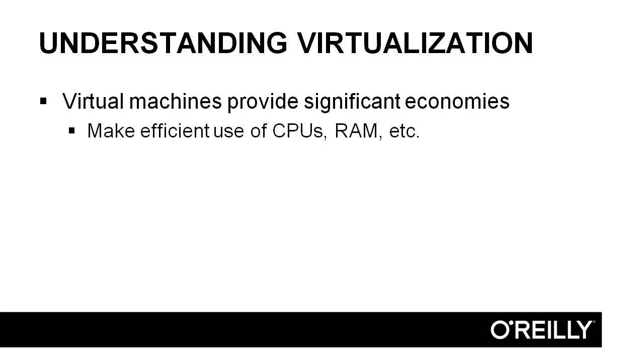I mentioned this earlier, as opposed to having something like DNS or DHCP running on a metal box that never causes the CPU to go above 25%, and it's not even using the minimal amount of RAM we've got on that machine. A lot of times you have to have a minimum required amount of RAM to run an operating system, but you really don't need that much RAM to run what you're trying to do with your particular service. And so now you can mix and match these and make efficient use of sharing these resources.